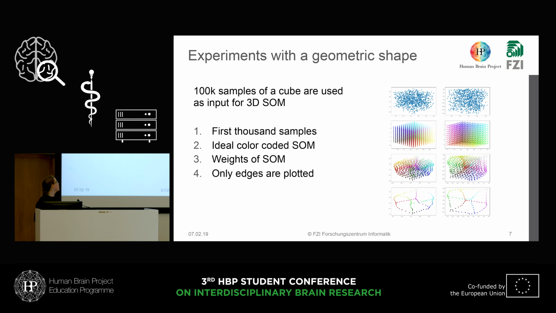In the second row, you can see the ground truth, the ideal color-coded weights, and in the third row, that's what the SOM does when learning from random initialization. I used the last row to emphasize that the shape is already quite like a cube. You can't really see it that well here.